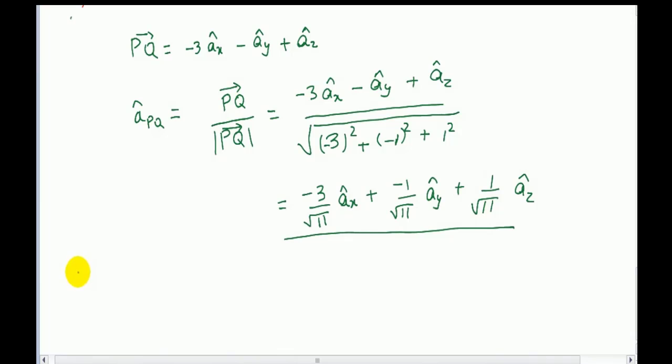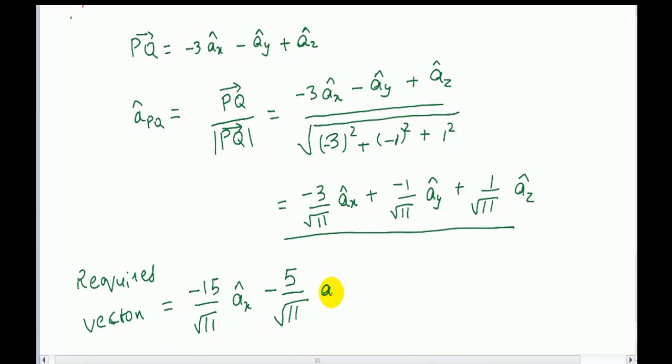So the required vector will be 5 into -3, which is -15 by root 11 ax cap. 5 into -1 will be -5, so -5 by root 11 ay cap, plus, it will also become 5 by root 11 az cap.